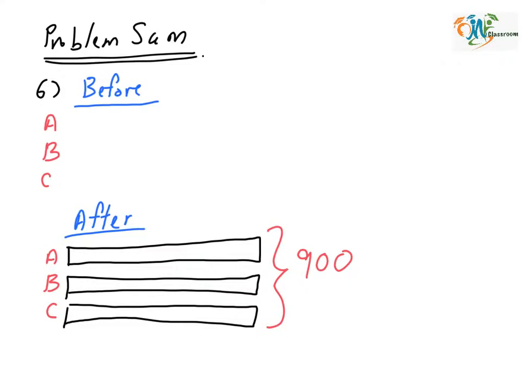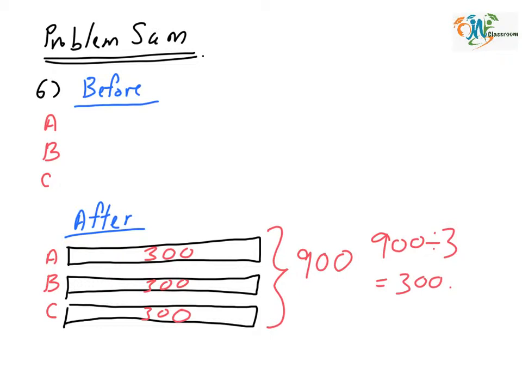So now, guys, we can find out that if this is 900, so basically each one will be 900 divided by 3. It will be 300. So after everything, A will have 300, B will have 300, C will also have 300.